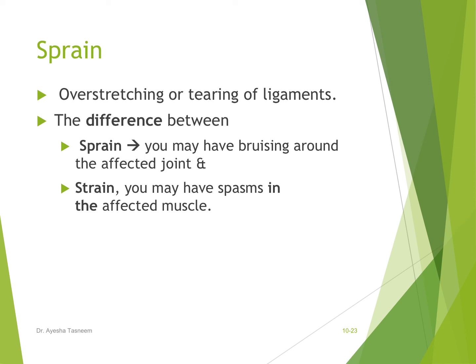In spasm, there is no injury to the ligaments or the fibers, but in sprain, there is some tearing of the ligaments. Then, how can we differentiate it from the strain? In sprain, you may have bruising around the affected joint, and in strain, you may have spasm in the affected area, but there will be no bruising.